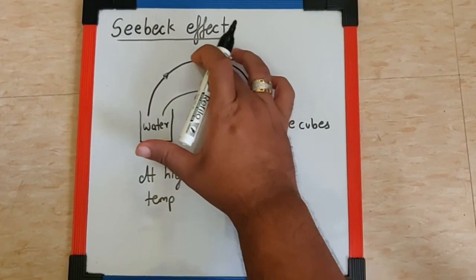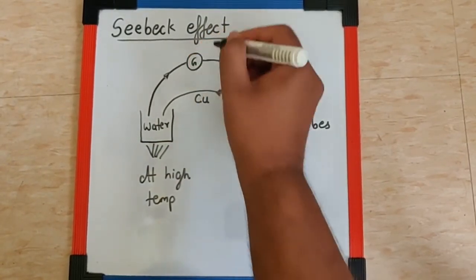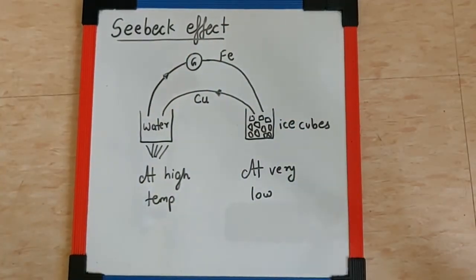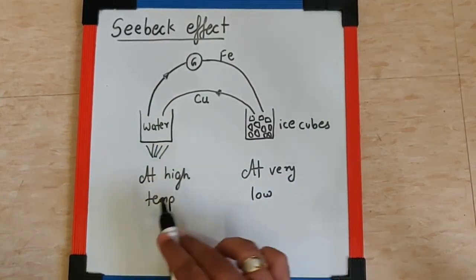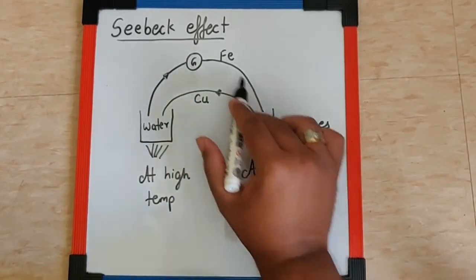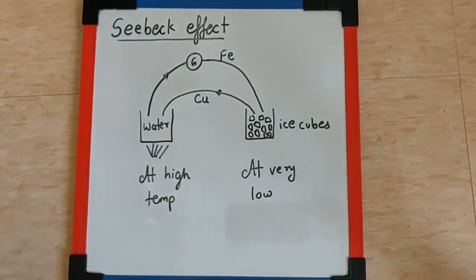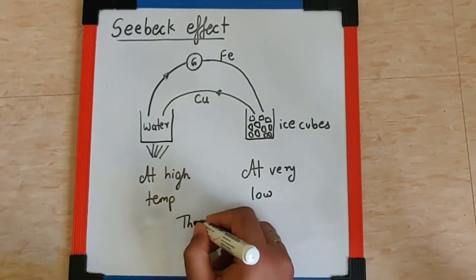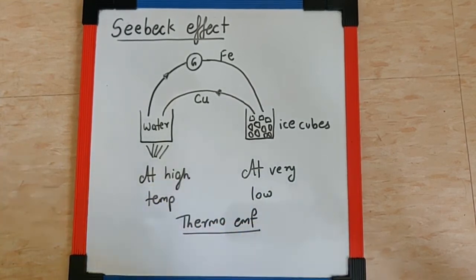And if we connect a galvanometer over here, the galvanometer also shows deflection, and that proves that when two bodies at two different temperatures are connected by two wires of different metals, it can produce EMF, which is known as thermo EMF. And the electricity which is produced due to this effect is called thermoelectricity.